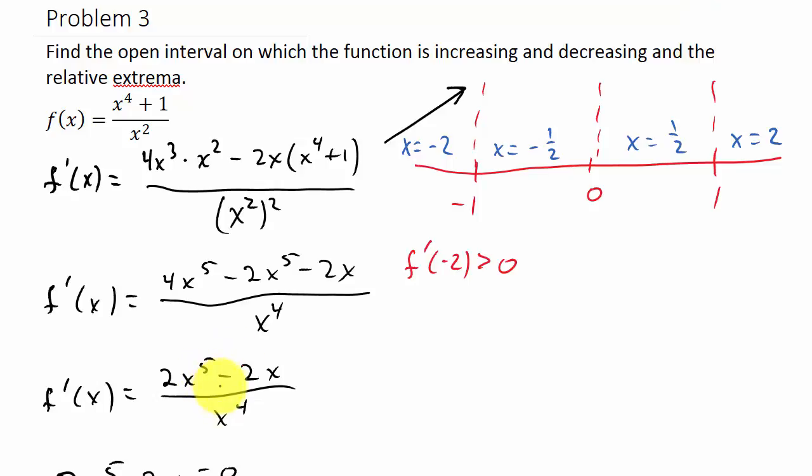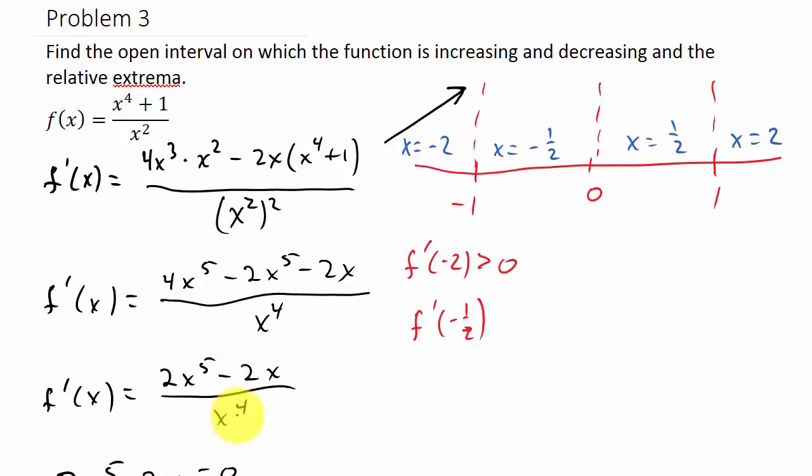Alright, so when I plug in the negative 1/2, let me change colors, f prime of negative 1/2. Okay, so negative 1/2 to the fifth is negative 1 over 32. I'm not worried about the denominator.